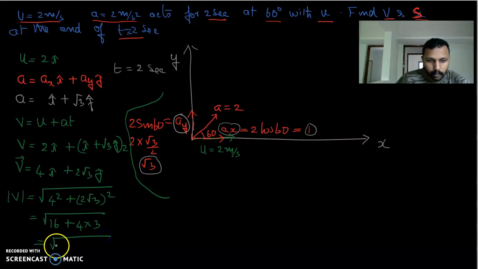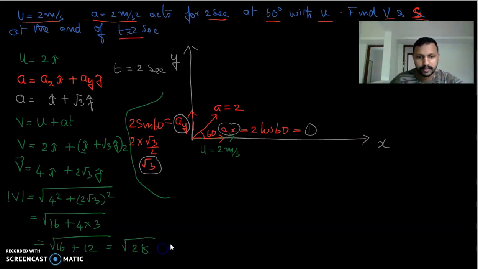Therefore, root of 16 plus 12, that is root of 28. It can be written as root of 7 into 4, and root of 4 is 2, therefore 2 root 7 meters per second.